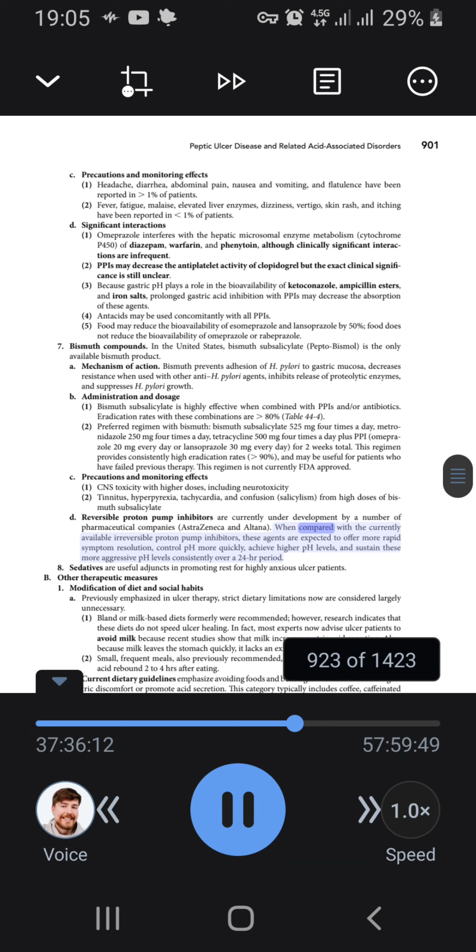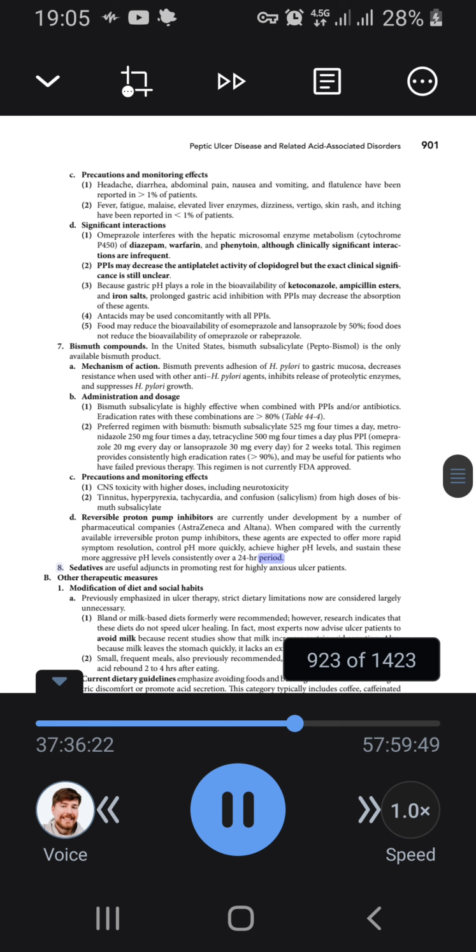When compared with the currently available irreversible proton pump inhibitors, these agents are expected to offer more rapid symptom resolution, control pH more quickly, achieve higher pH levels, and sustain these more aggressive pH levels consistently over a 24-hour period.